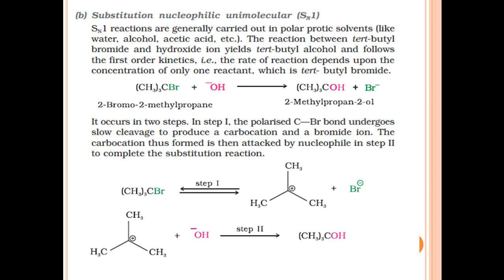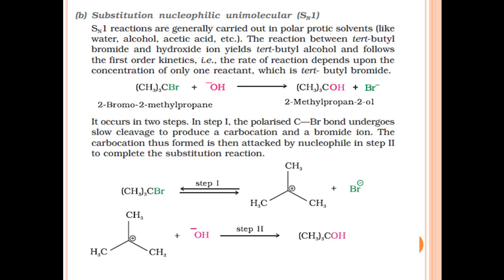That is, the rate of reaction depends upon the concentration of only one reactant, which is tertiary butyl bromide. When tertiary butyl bromide reacts with hydroxyl ion, it will give us 2-methylpropan-2-ol and bromide is released.